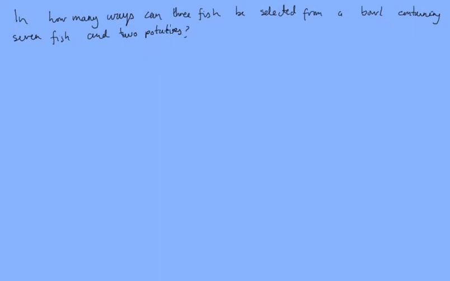How many objects do we have? Do we have 7 or do we have 9? Well, we're just dealing with fish, so we only need the 7 fish. So we've got 7 fish and we want to choose 3. That's going to be 7 factorial divided by 3 factorial times 7 minus 3, which is 4 factorial, which is 35 ways. The potatoes are irrelevant.